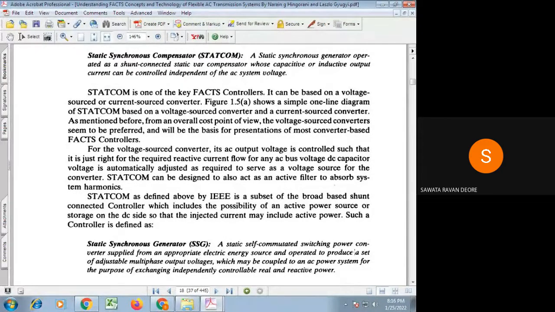what specific differences there are among them, because you might have heard, while searching for a project topic, terms like static VAR compensator, static VAR generator, sometimes synchronous condenser, static voltage regulator, sometimes STATCOM.